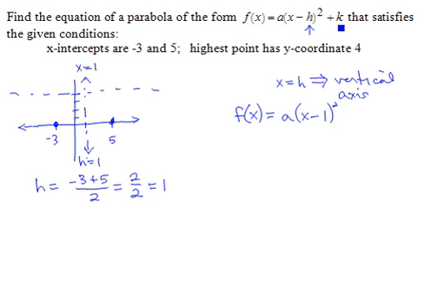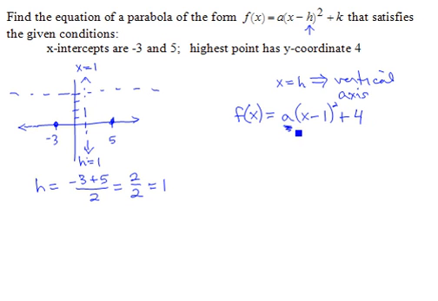In fact, k represents either the highest or the lowest point of the parabola. It's the y-coordinate of the vertex. So if the highest point is y equals 4, then we know that k will equal 4. And that's easy to fill in for this function.